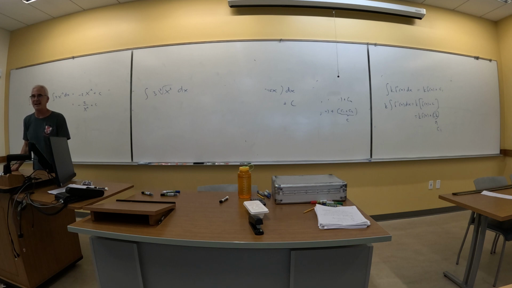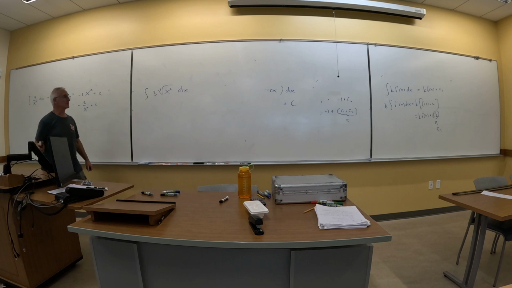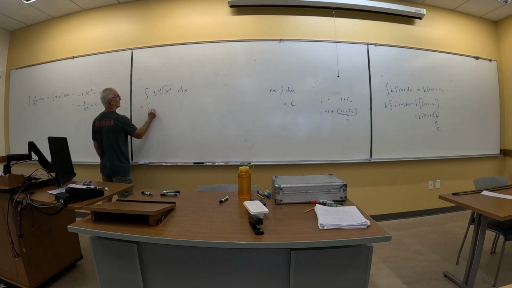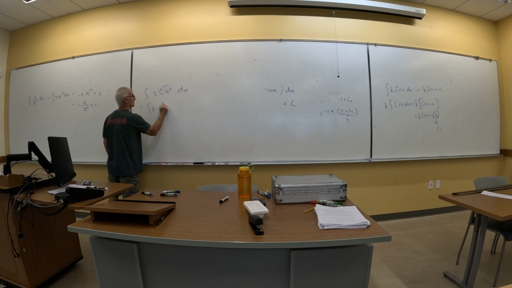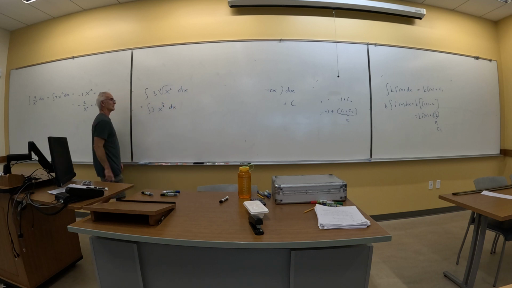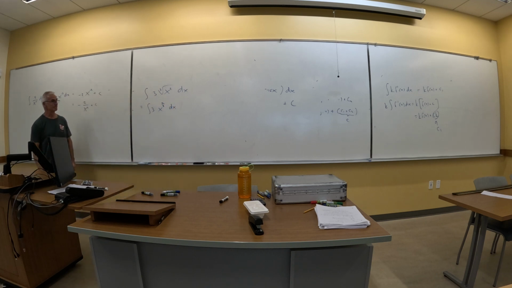Can you integrate this as is? No. I want to change this to what? 3x to the 2/3. At this point, do I even care that it's a fraction? No, I'm just going to add 1 to the exponent.